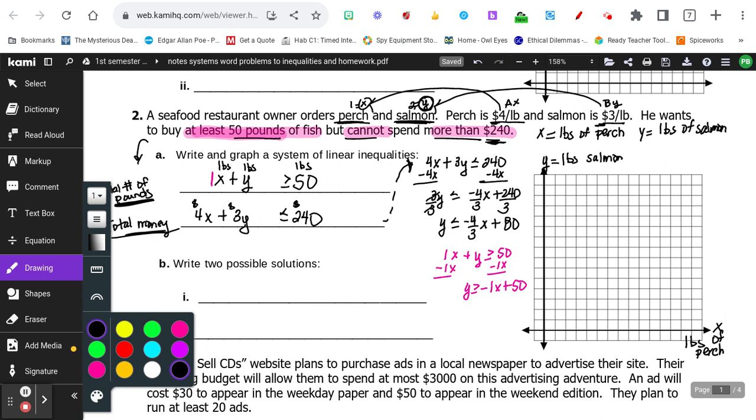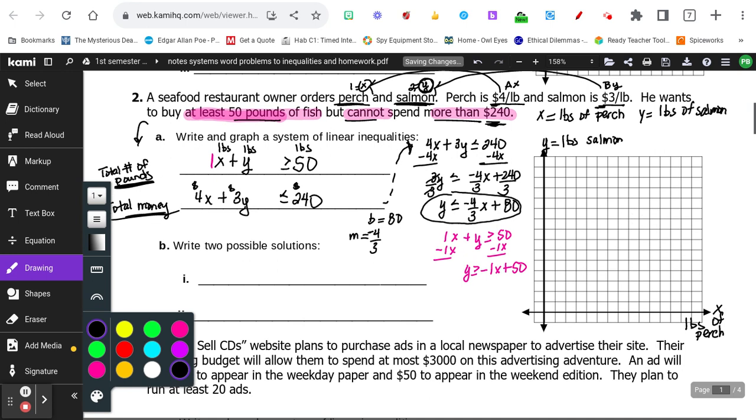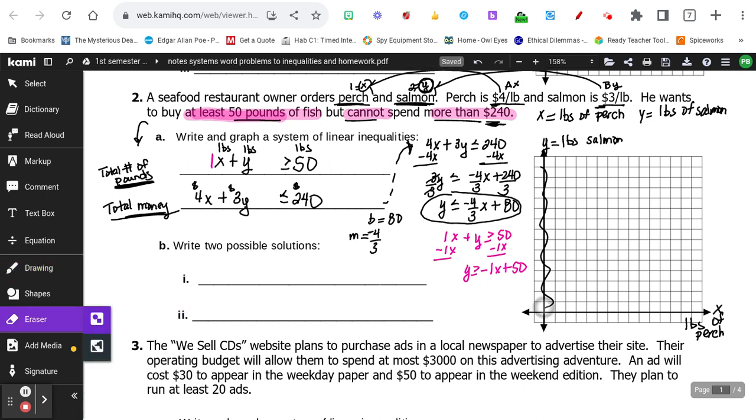And if I take a look at this particular equation, I can clearly see that B is 80, but my slope is negative 4/3. It's going to be kind of difficult having a B of 80. You don't have 80 spots on this axis. It's not like you can count by ones.